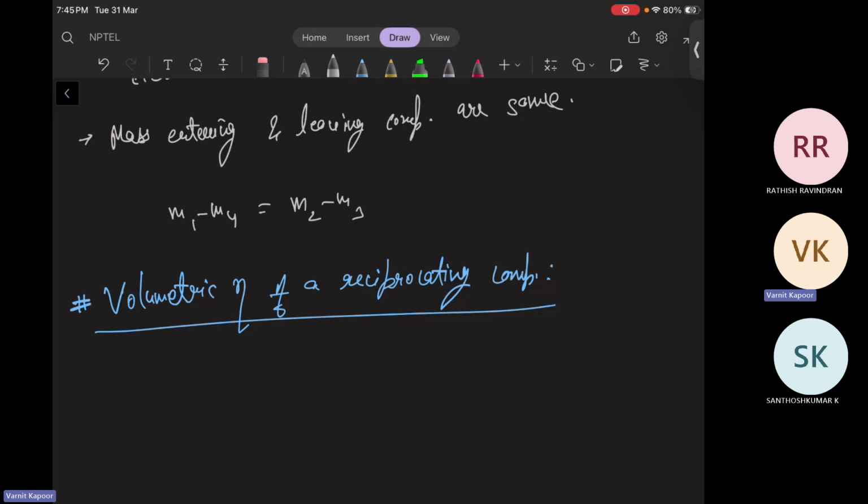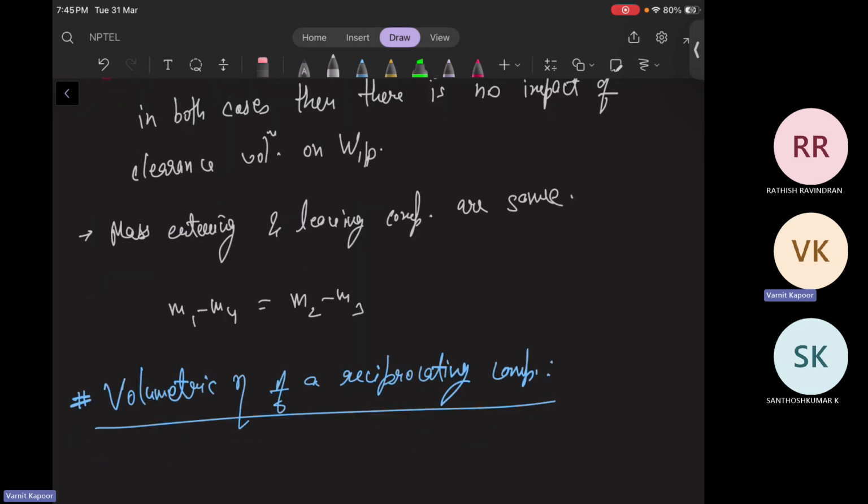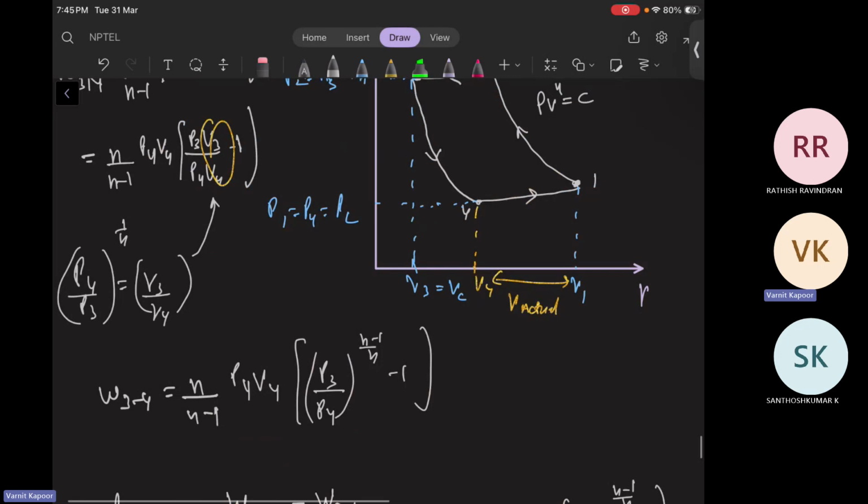So there is an actual volume and there is a theoretical volume. So the swept volume was from 1 to 4, and there was a theoretical volume from 1 to 3, which could have been there. So from here to here, there was a theoretical volume. Let me mark it here.